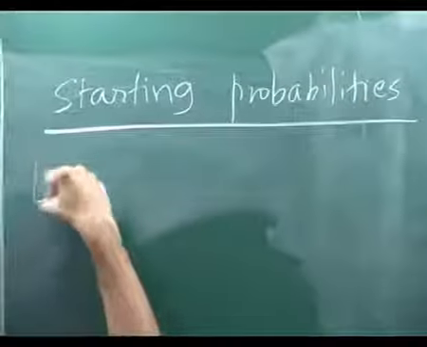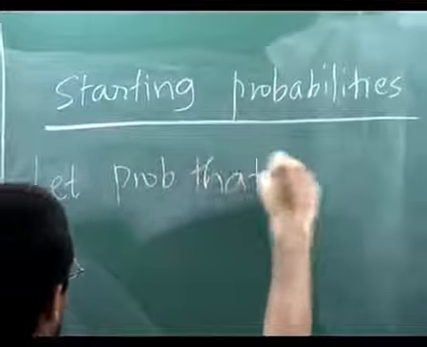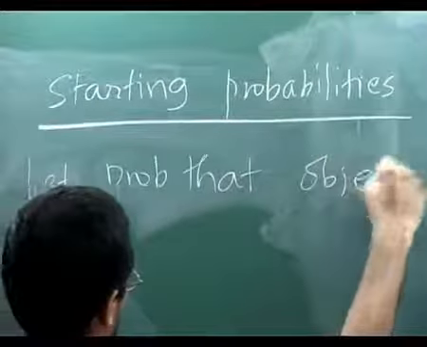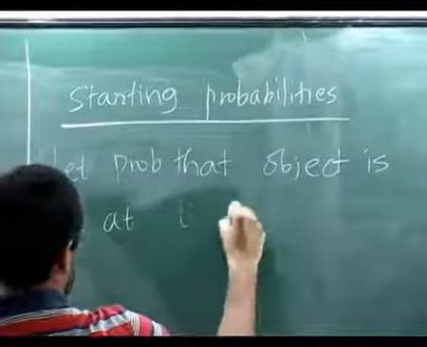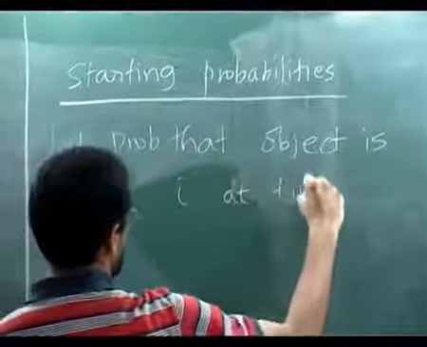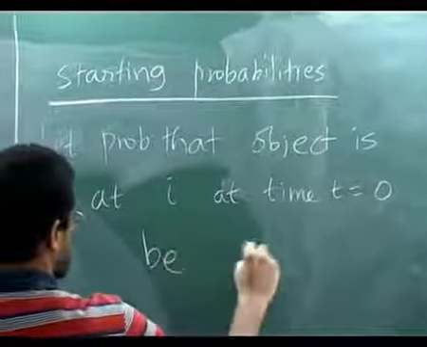So let the probability that the object is at I at time t equal to 0 be some number Si.